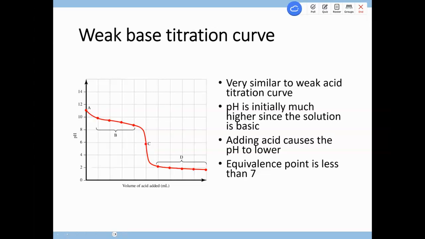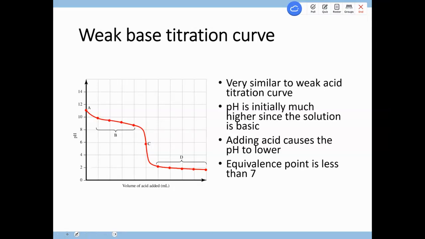So it's very similar to the weak acid titration curve, but the pH is initially much higher because we're starting with a base. And then as acid is added, the pH decreases. And then the equivalence point is less than 7. We have a weak base and a strong acid, so the strong acid influences that equivalence point to be a low pH.